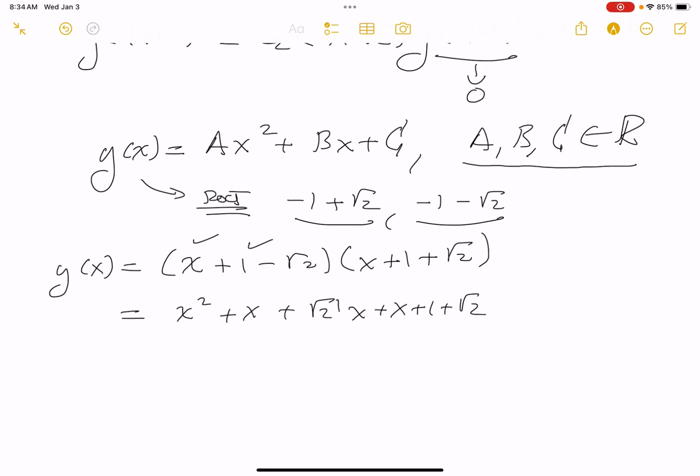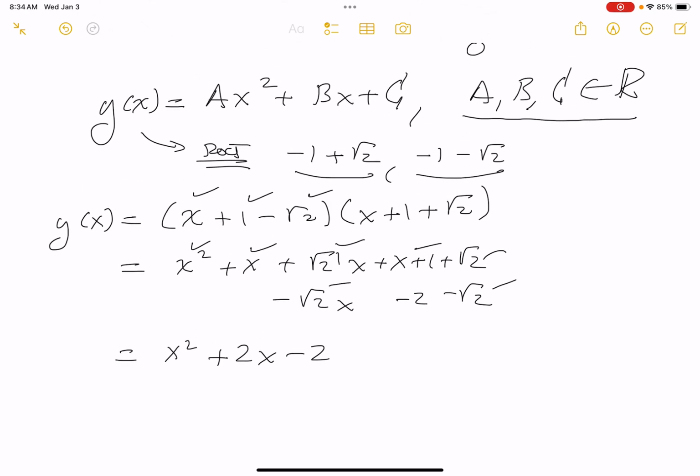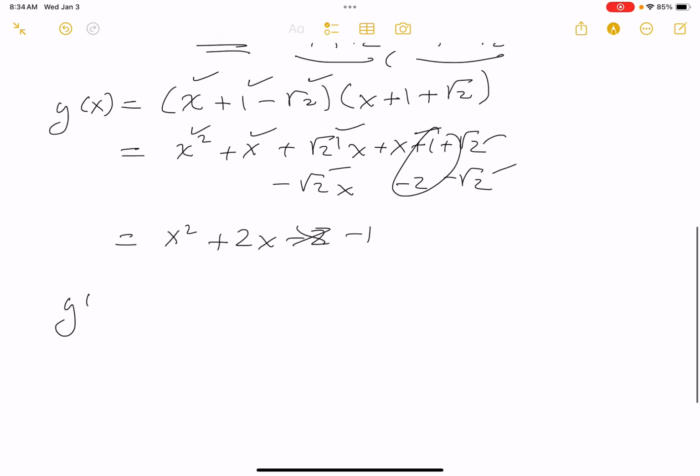Then minus root 2 x minus root 2, and then minus 2. Let's write this down. You get x squared, 2x. These disappear, and you get minus 2, oh, minus 2 plus 1, sorry about that. That's going to be minus 1. All right? So g of x is x squared plus 2x minus 1.